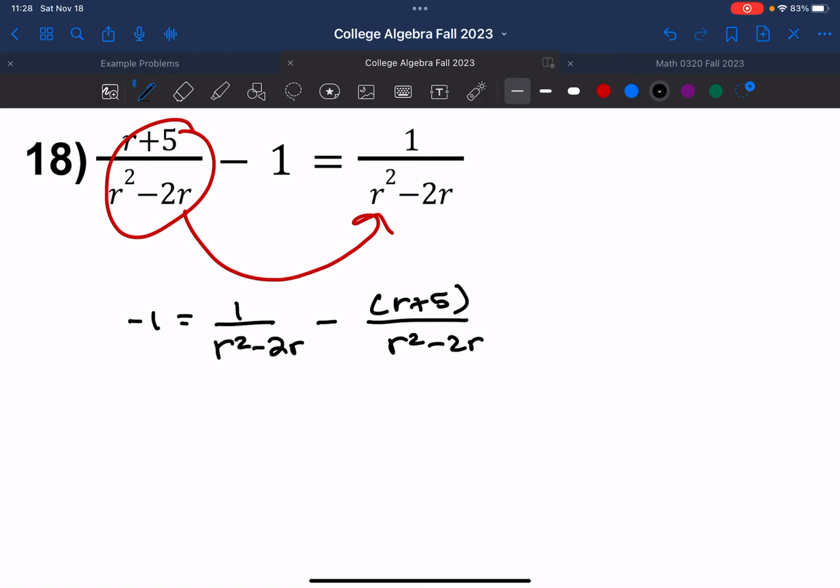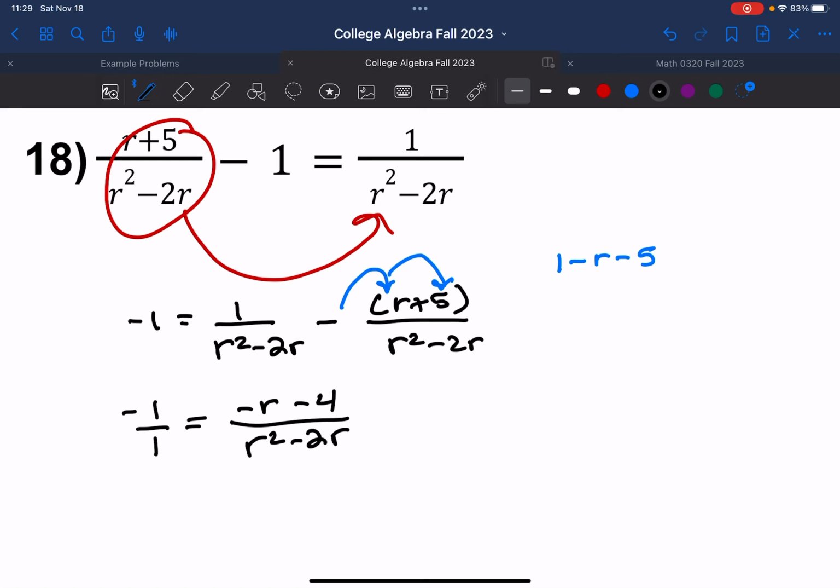Combining the numerators, now that we have common denominators, 1 minus r plus 5, that minus has to distribute in. So we would have 1 minus r minus 5, which would become negative r minus 4. So we have negative 1 over 1 is equal to negative r minus 4 over r squared minus 2r.